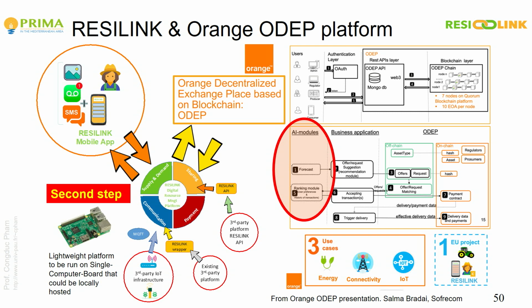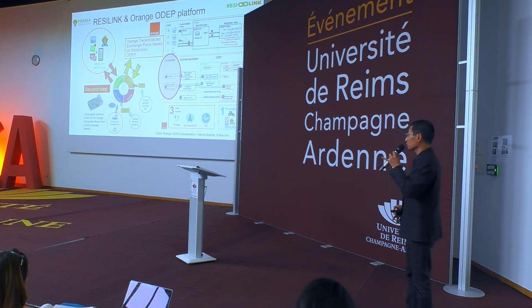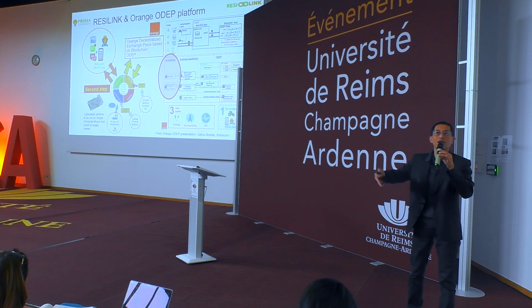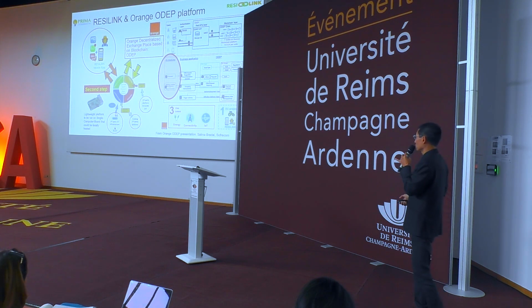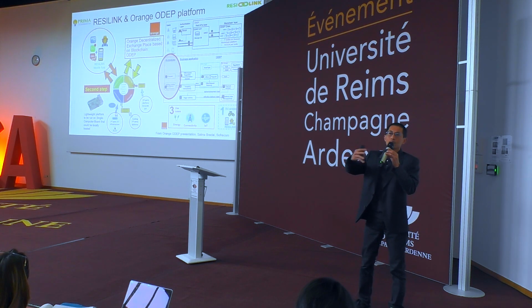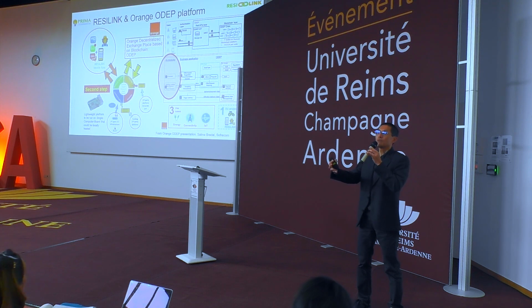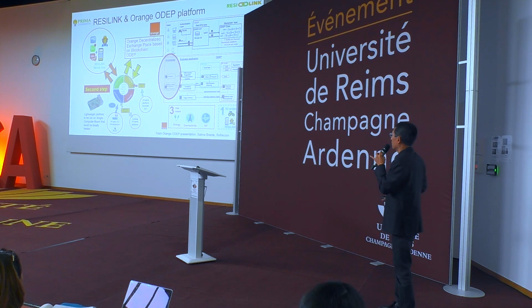We want to integrate IoT data, we want to have a lightweight platform that could be deployed on small computers, and we have to be able to integrate third-party platforms. Remember the platform approaches. So these are all the advanced features that we want to provide in this project, to not have just a simple mobile app. We really want to go beyond the very simple mobile applications.